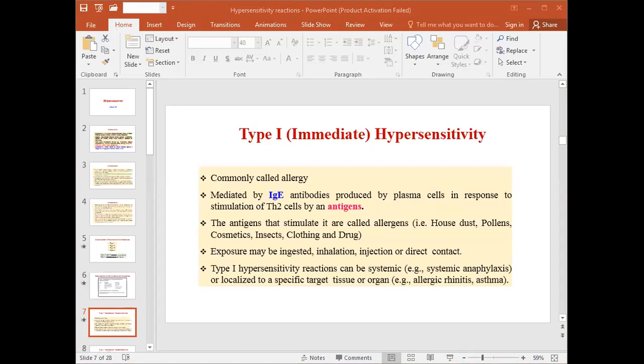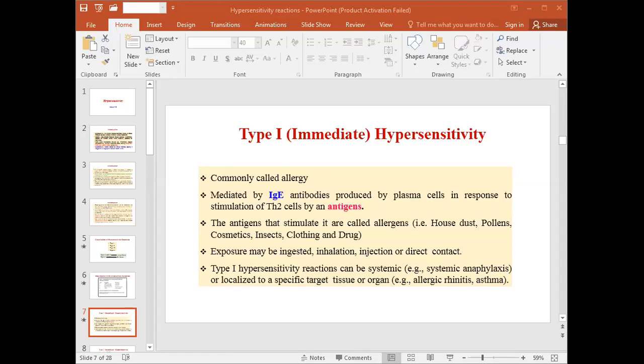In order to be at risk of type 1 hypersensitivity, an individual must have been sensitized to an antigen by an earlier exposure. The first exposure, which may be in the form of ingestion, inhalation, injection, or direct contact, will produce an immunoglobulin E specific to that antigen, and the memory for that IgE is then held within the plasma cell repertoire.